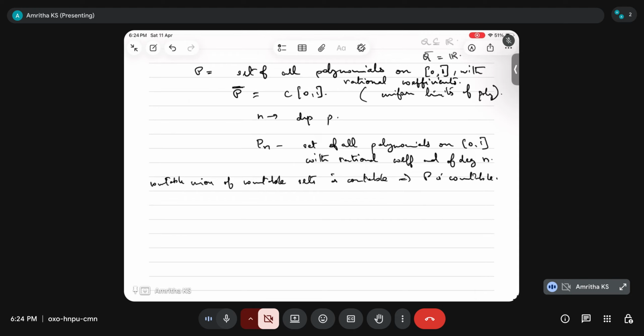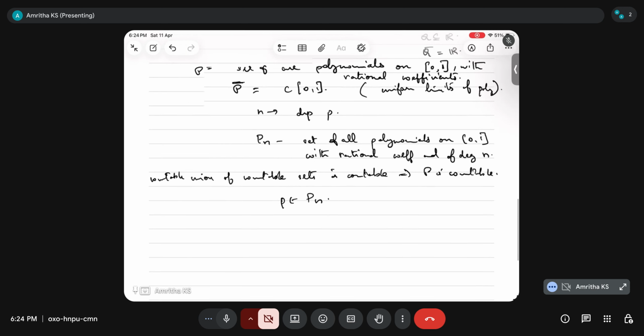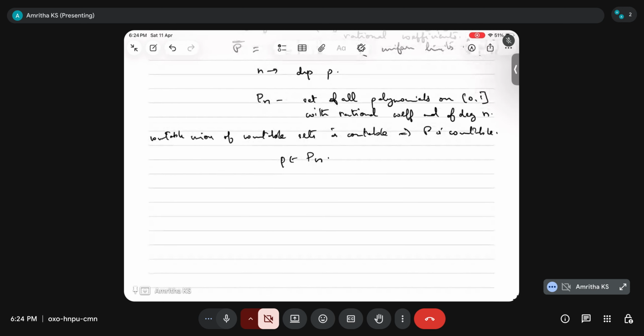Okay. Now suppose I take a p from the set, then p of x can be written as a_n x^n plus and so on, plus a_1 x plus a_0, right?